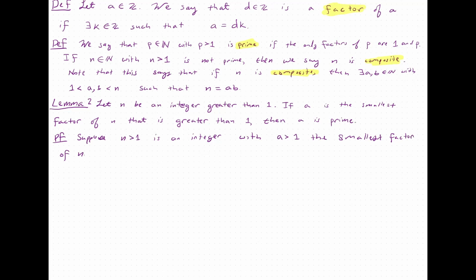We're going to do this by contradiction, so we're going to suppose that a is not prime, in other words, a is composite. Now what we are going to do is inform the reader that we are going to do a proof by contradiction. So let's go ahead and inform the reader. So assume, for sake of contradiction, that a is composite.